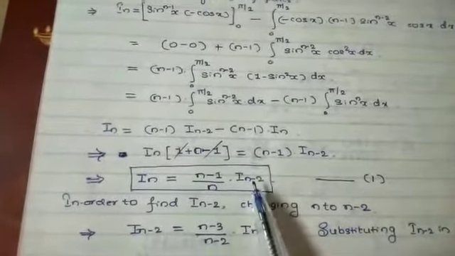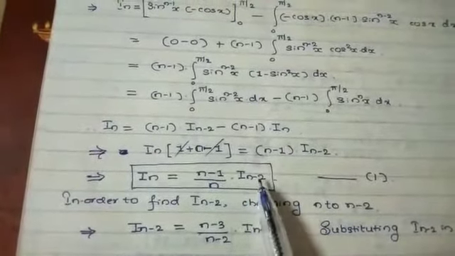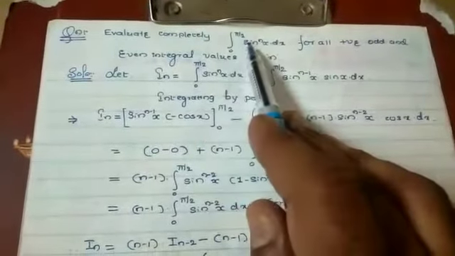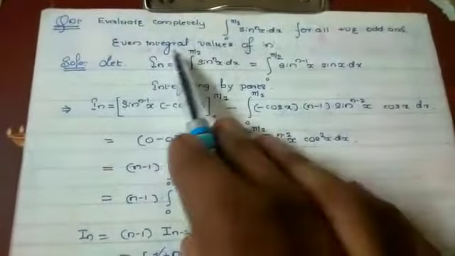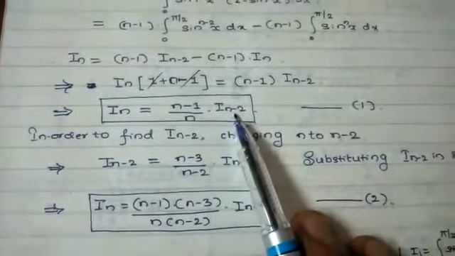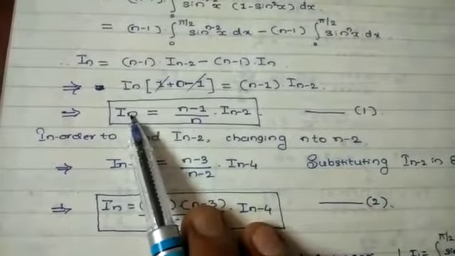This is not the final result because I_n minus 2 is there. The question asks to evaluate completely for all positive odd and even integral values of n, so this is not the final one. In order to evaluate I_n minus 2, put n equals n minus 2 in this equation.